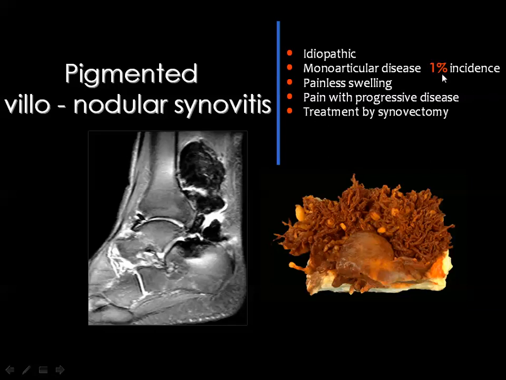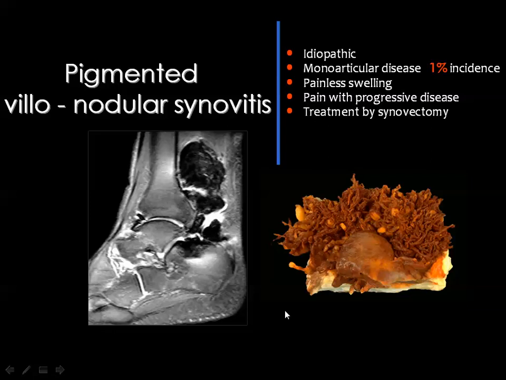It is a monoarticular disease, results in painless swelling of the joint, and pain will develop after progression of the disease with affection of the bones and articular surfaces. It is the sequela of deposition of pigments in hypertrophied synovium, resulting in big synovial masses interfering with the mechanical joint movement.